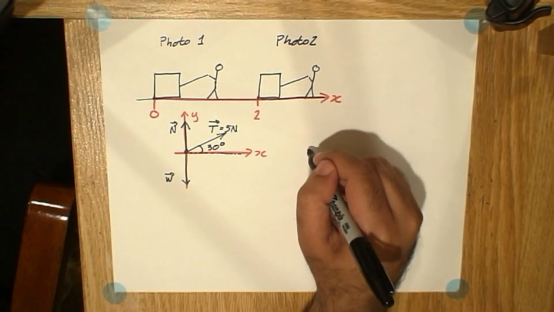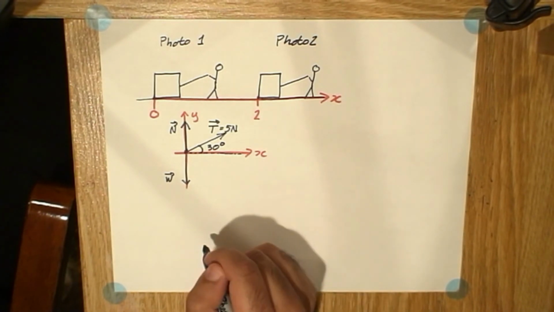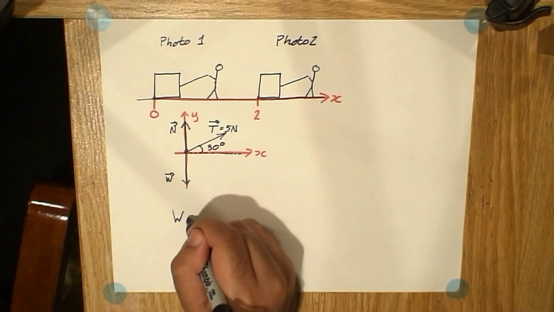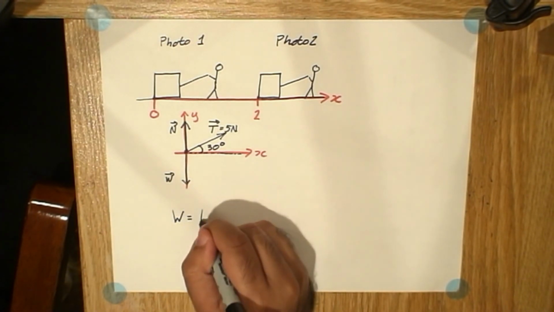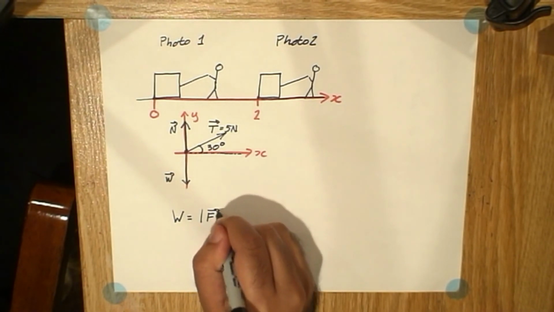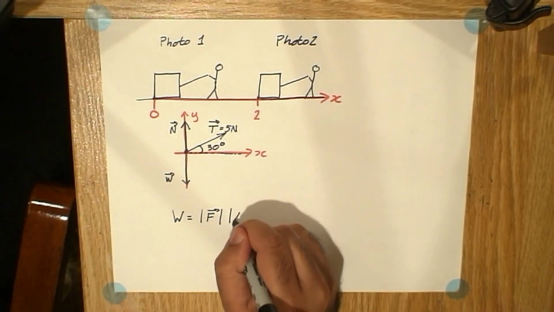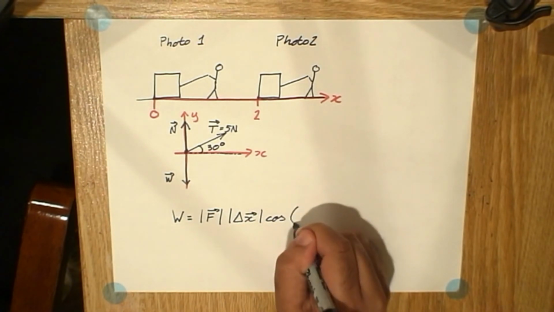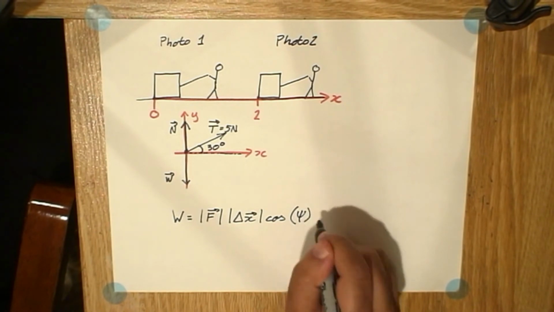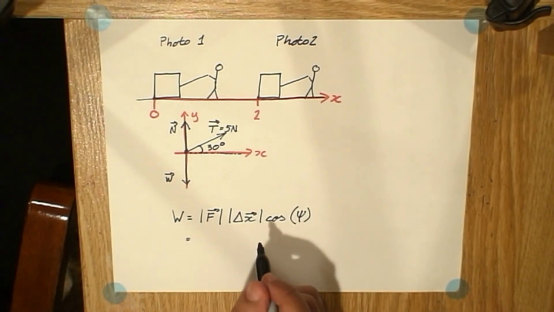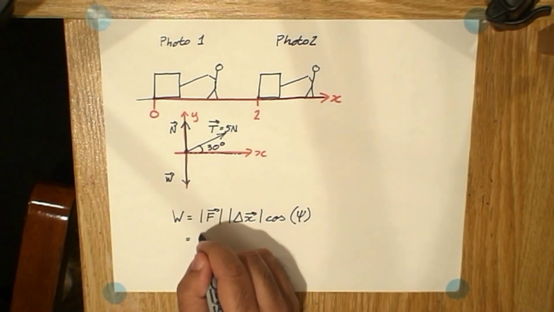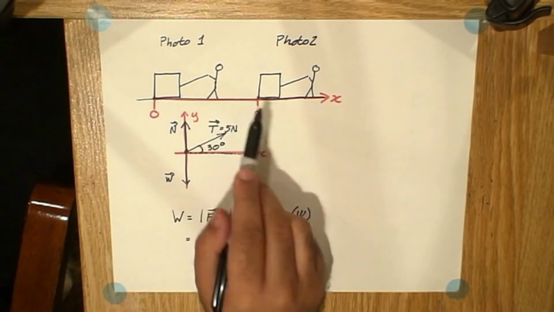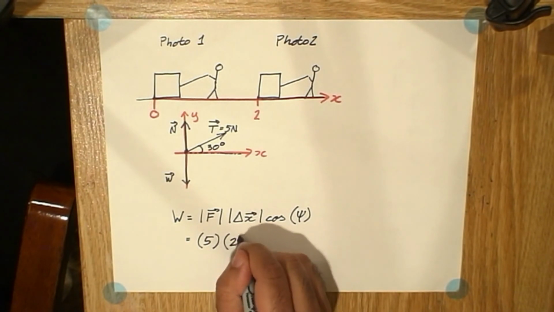Now, let's go ahead and solve for work. Let's say I do it over here. Work is equal to the size of the force, in this case the tension force, multiplied by the size of the displacement, multiplied by the cosine of the angle between them. So, the size of the force is 5 newtons, same as before. The size of the displacement is 2 meters, also same as before.